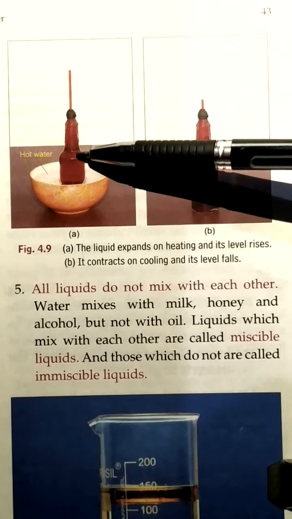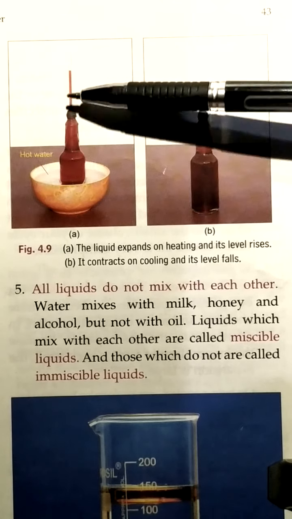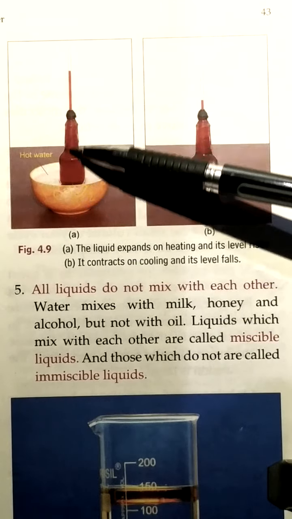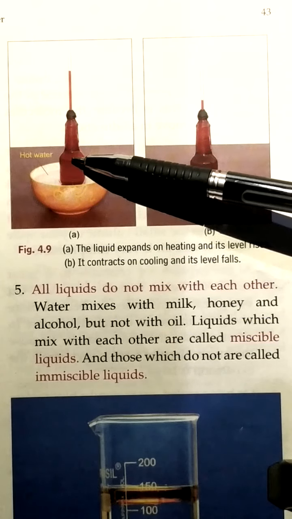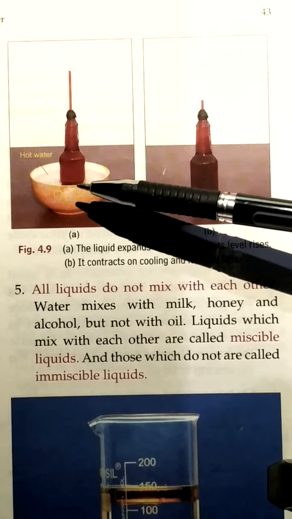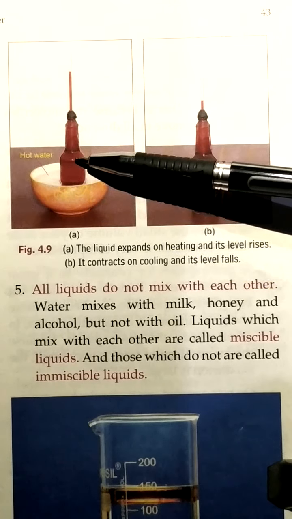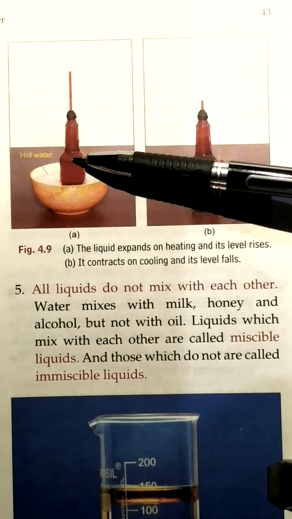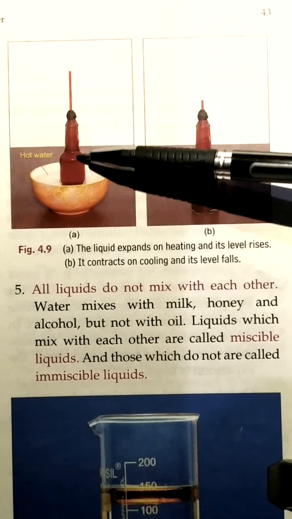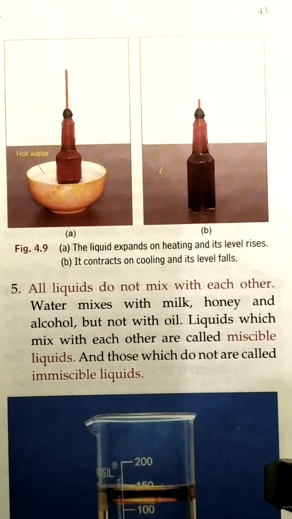The level of the liquid in figure A is higher because the liquid in the plastic bottle or the glass bottle is kept in hot water. Due to the hotness of this water, the liquid present inside is also being heated, and due to heat the expansion of liquid has taken place. So due to expansion the liquid has risen up.